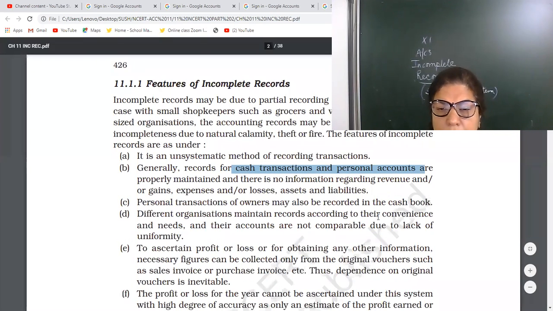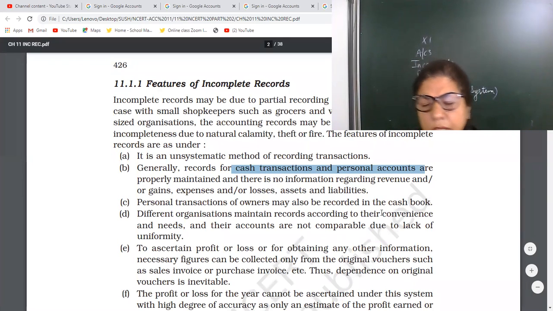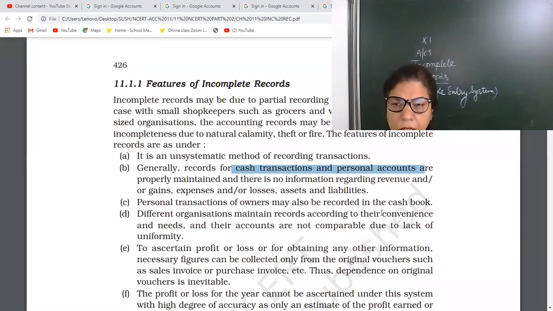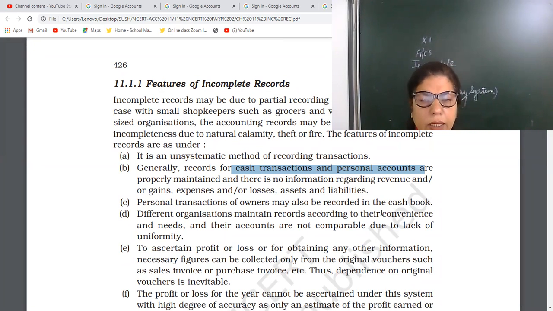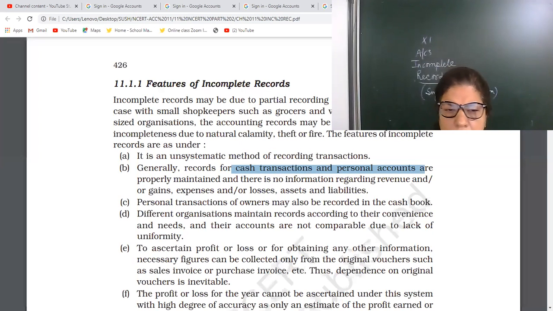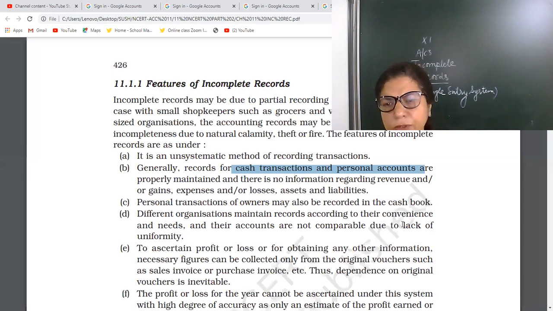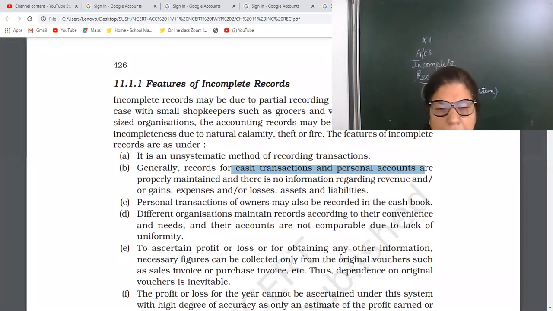Generally, incomplete records are maintained according to needs and convenience. Whatever accounts they want to open, they can make; if they don't want to make an account, they will not open it. So it is according to their convenience, and that's why the problem of lack of uniformity and lack of comparability is there.